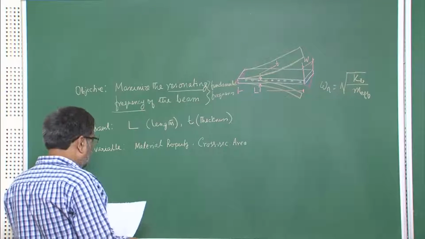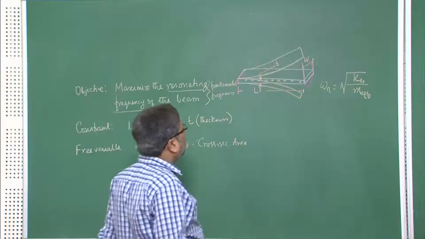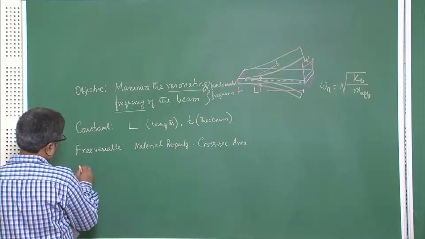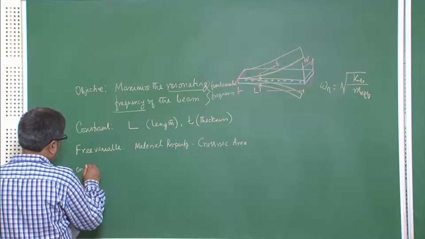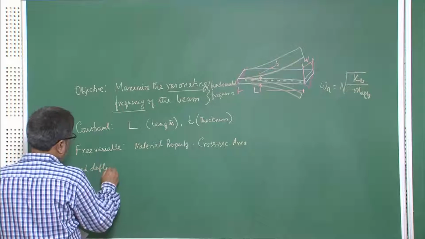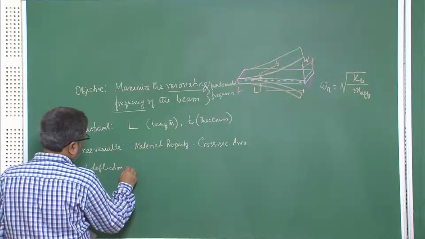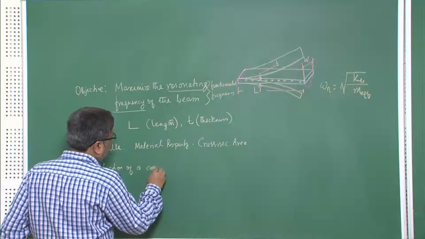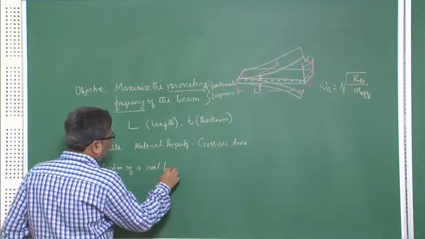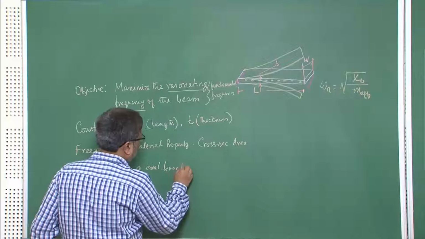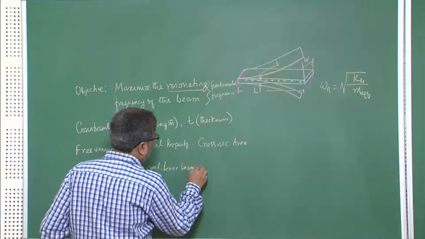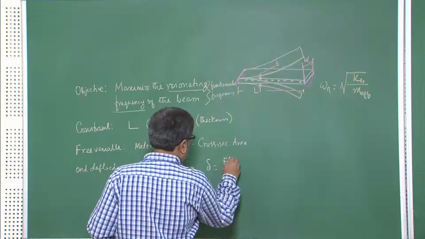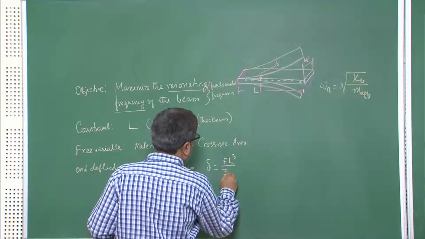The question is, what is the kb and what is the m effective? So, how can we find it out? Okay, what is the end deflection of a cantilever beam? We know that it is delta equals FL cube over 3EI.